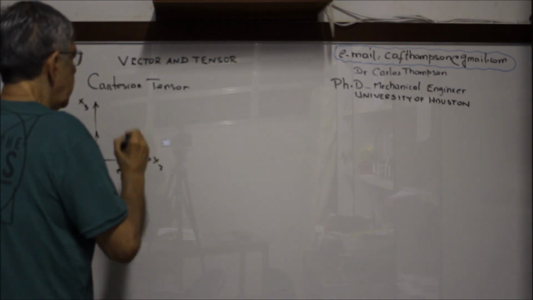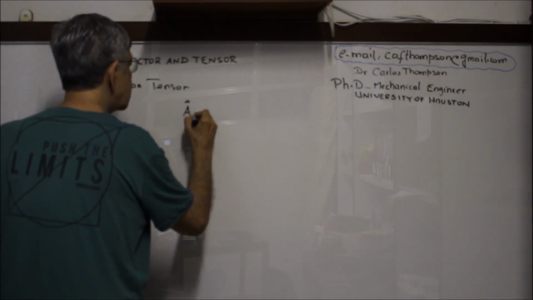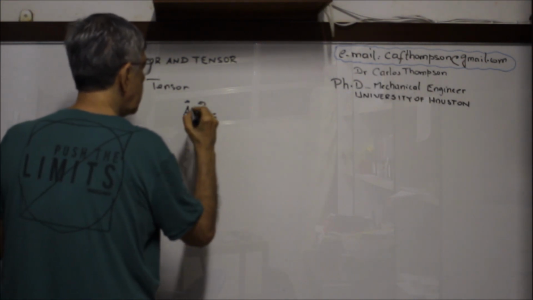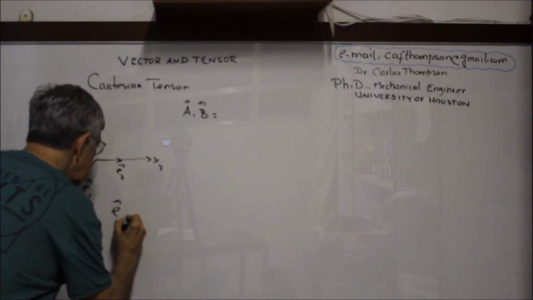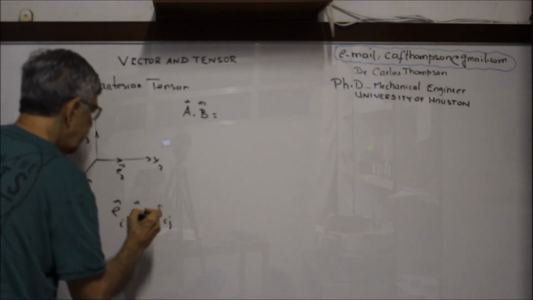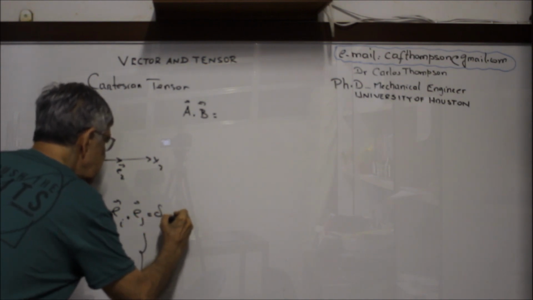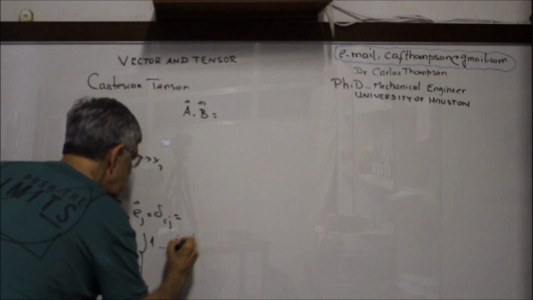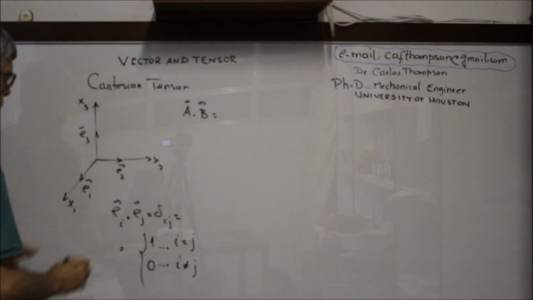Now, suppose you have the scalar, the dot product A dot B. Because Ei dot Ej is equal to delta ij. What does that mean? Delta ij is equal to 1 if i is equal to j, and 0 if i is different from j. You all right?